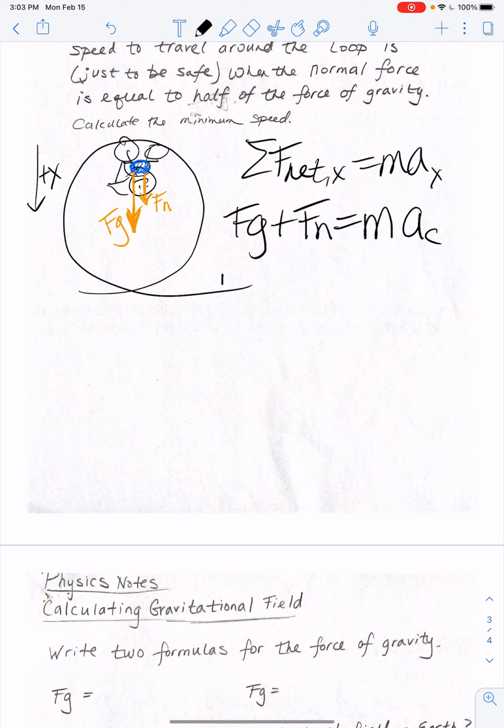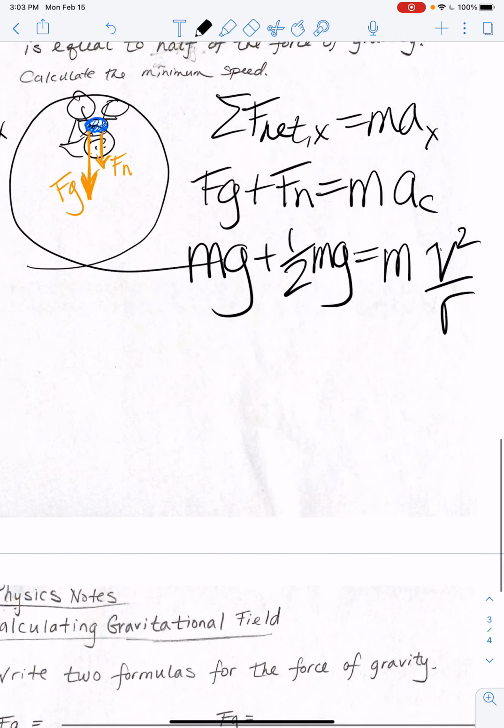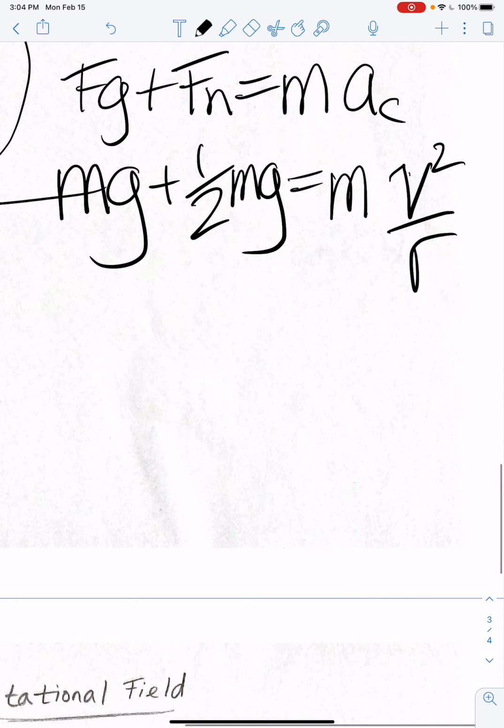We can say Fg is mg, and we can say that Fn is 1/2 mg, right? And that's what the problem stipulates. And we have m times v squared over r. Now, once again, because there's a factor of m in each of the terms, we can go ahead and cancel that away.